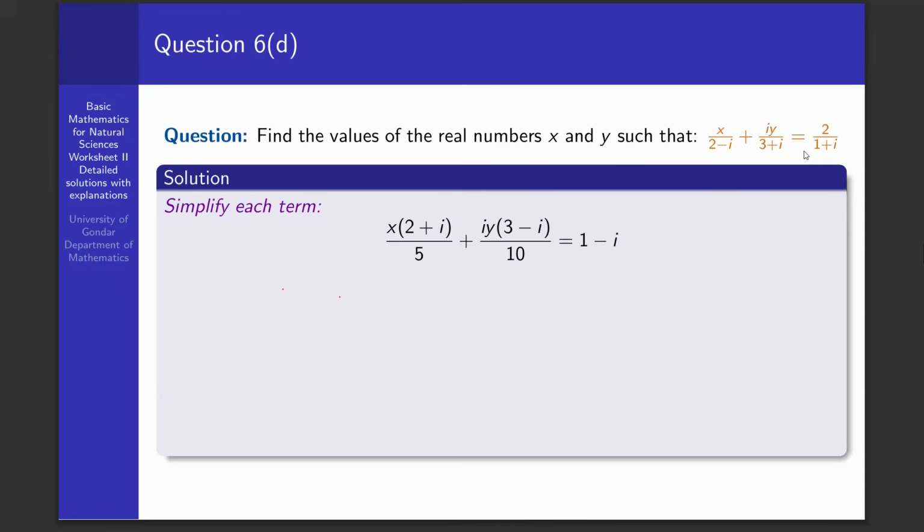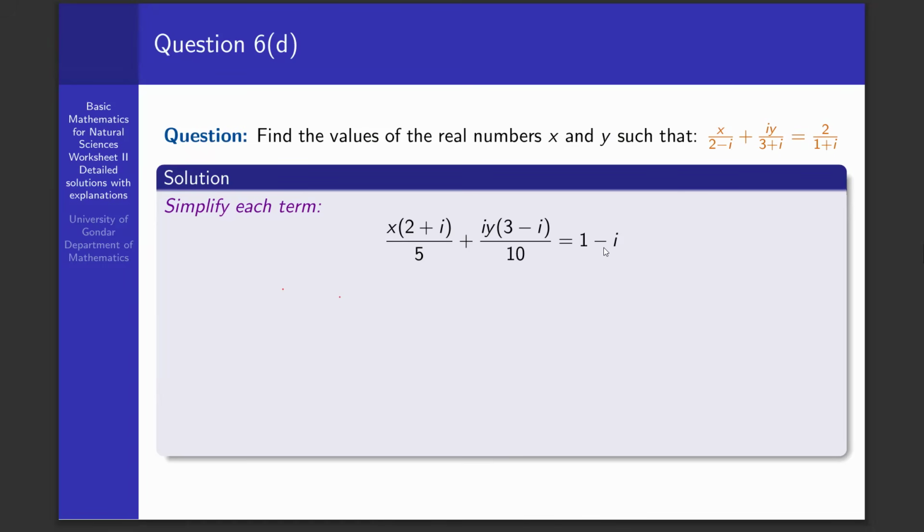When we do this, we have x times (2 plus i) over 5. This 5 is obtained by adding the square of the real part and the imaginary part, that is 4 plus 1. And this one is obtained by adding the square of 3 and 1.